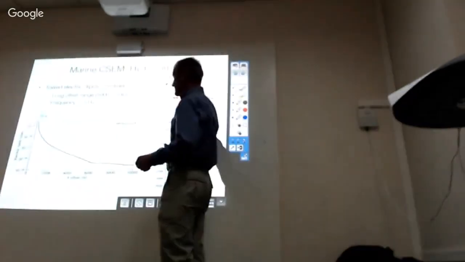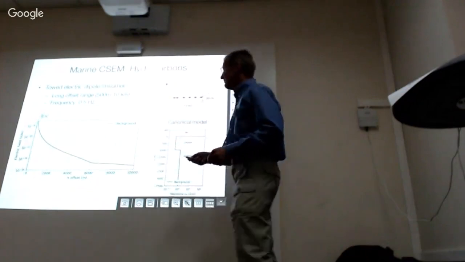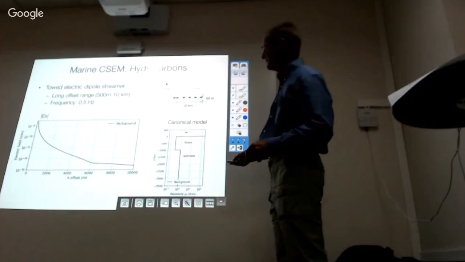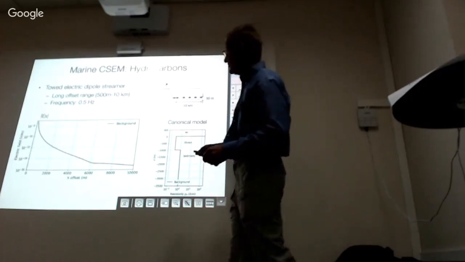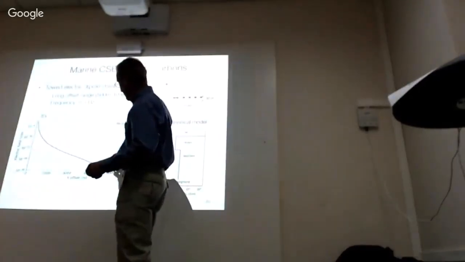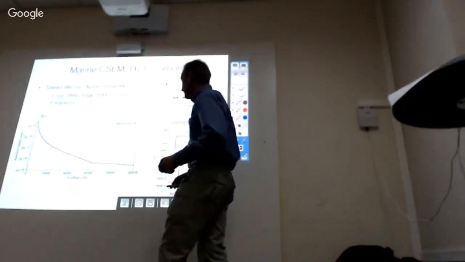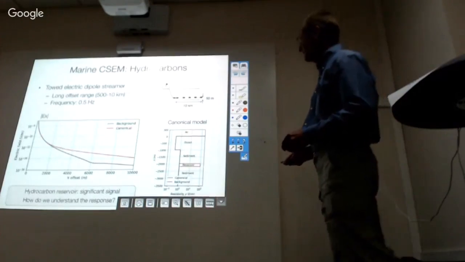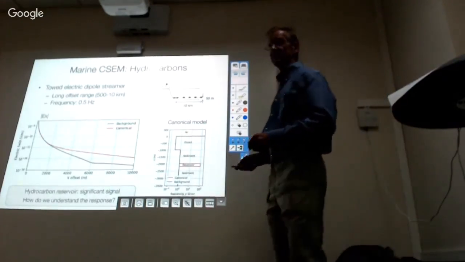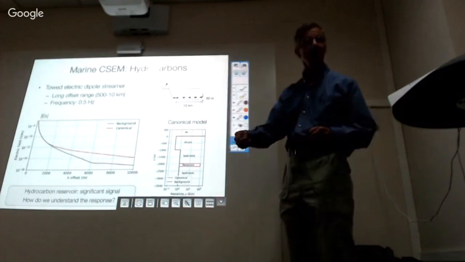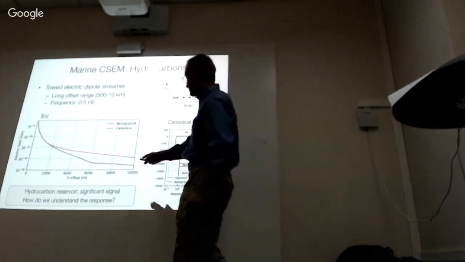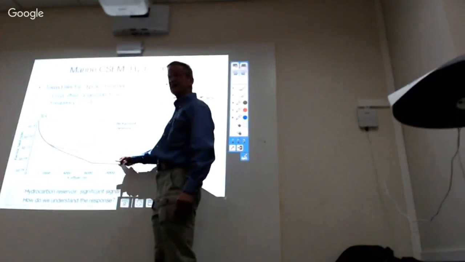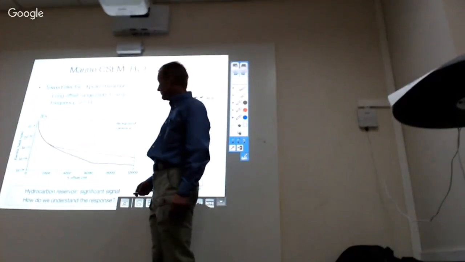If we did this experiment, we'd end up with an electric field curve that looks like this. It's sort of going down, and it's got this little bit of a kink here. If we put the hydrocarbon layer in, we actually see something that looks like that. So there's your forward modeling survey design. No question, if you actually had that hydrocarbon layer there, you've got significant signal and you'd be able to see that.